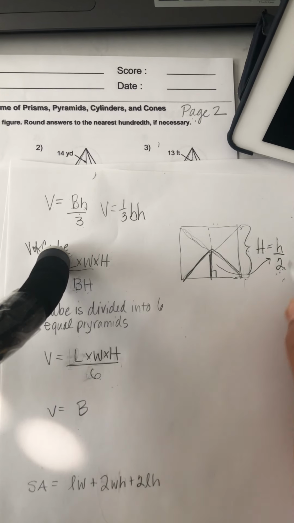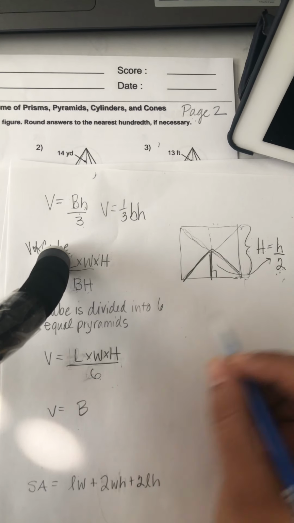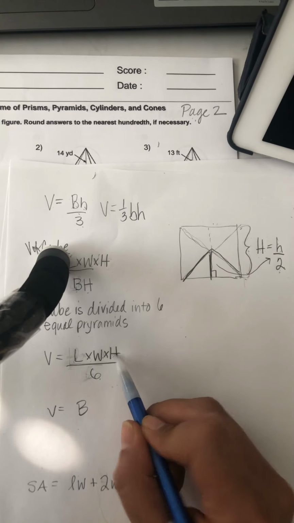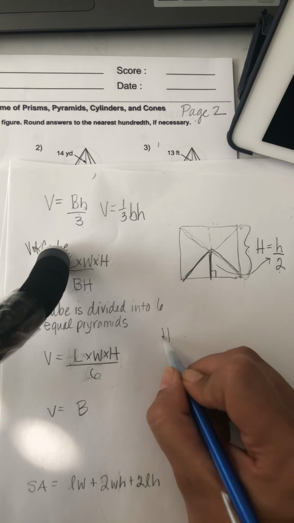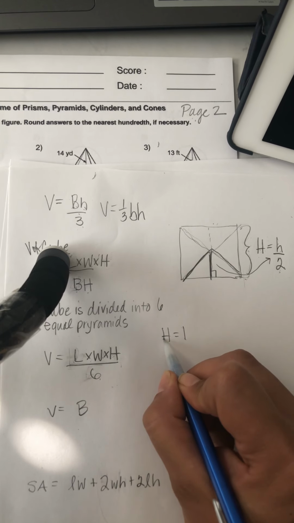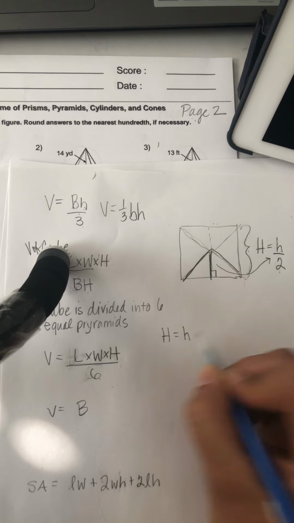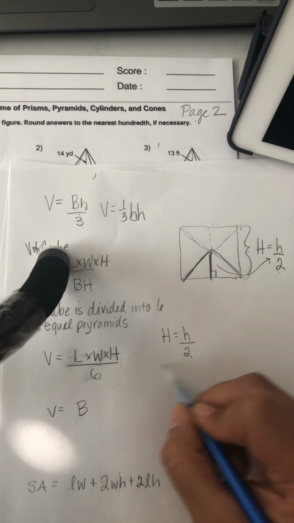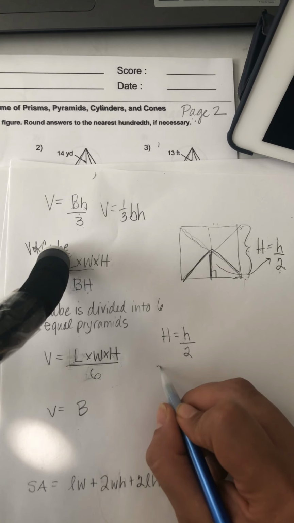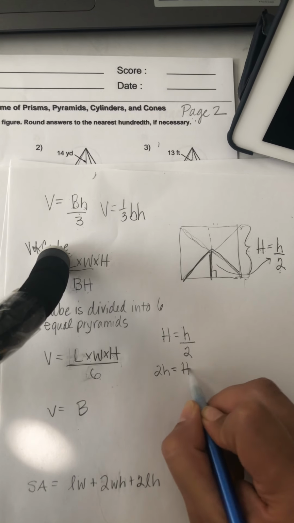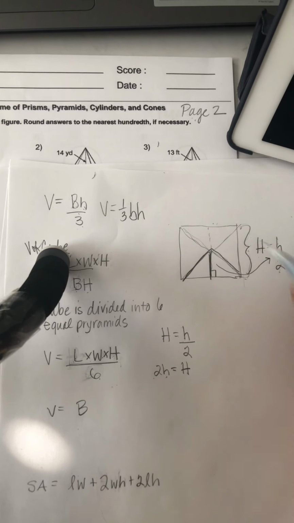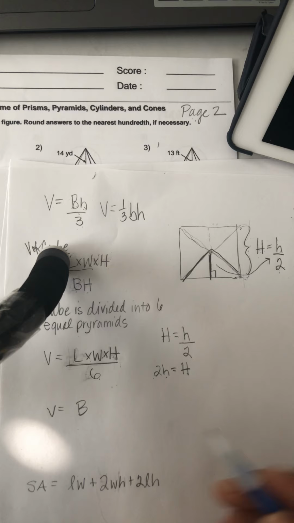If I flip that around, I can say big H, the height of the cube, equals 2 times the height of the pyramid, correct? So I can substitute that in there, right?